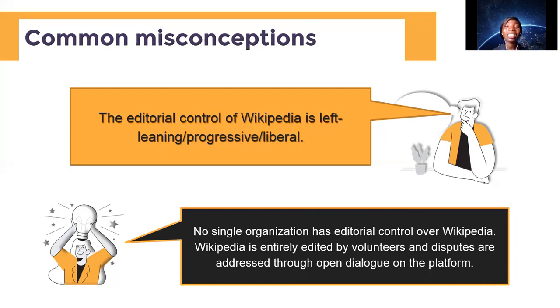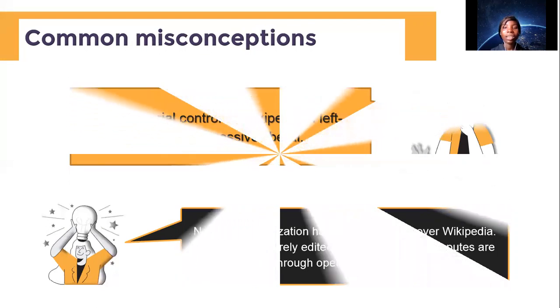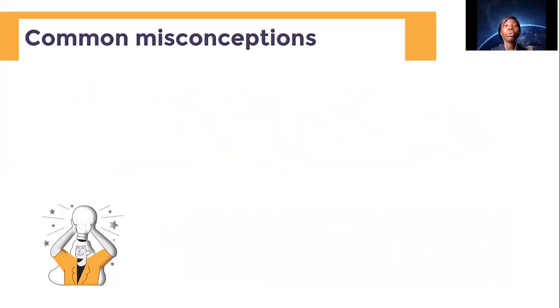Wikipedia is entirely edited by volunteers, and disputes are always addressed through open dialogue on the platform. The good thing about Wikipedia is there's nothing hidden. Once you create an article that is not in line with the policy, another volunteer will come and flag that article for you. So it's not a progressive or liberal community.